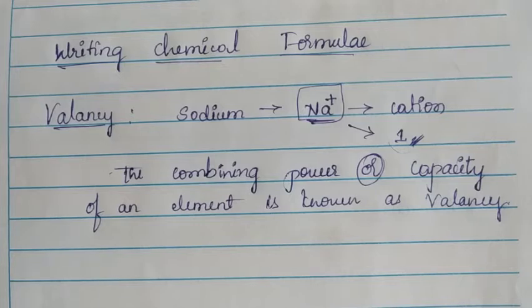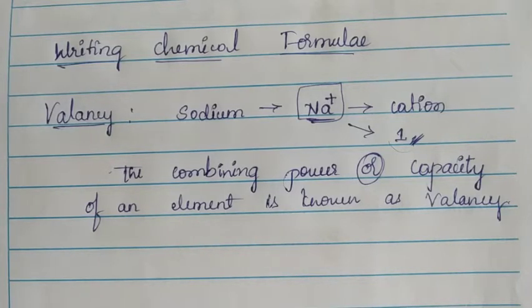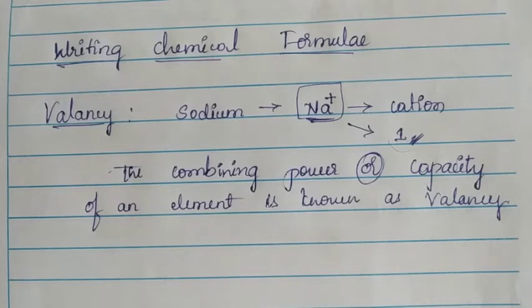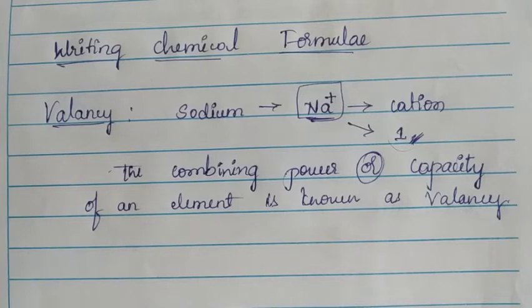And according to the valency of the ions, they are going to combine to form a compound. Listen children, the combining power or capacity of an element is known as valency.